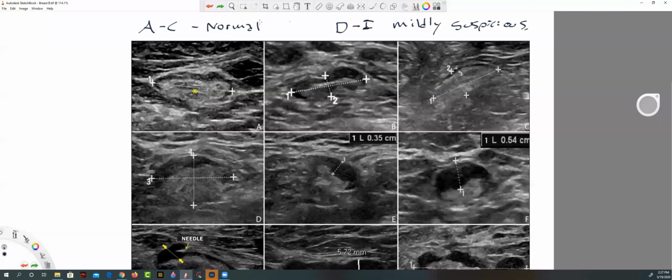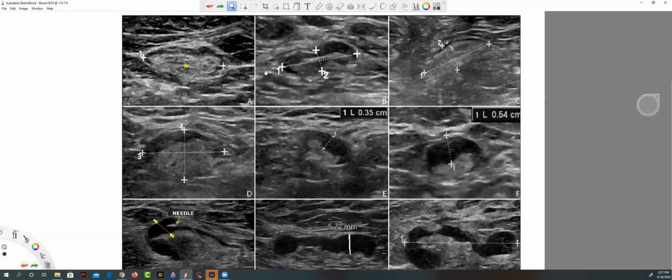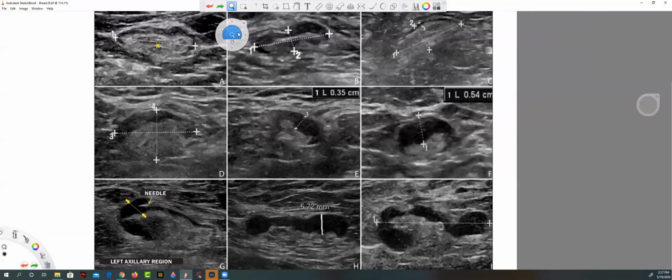The next, D through I, mildly suspicious, very mildly suspicious, so probably nothing. And I didn't get into exactly why, but perhaps a little thick at this end, certainly compared to that end, a little on the thick side. Certainly a little on the thick side from here to here, whereas over here, not so much.